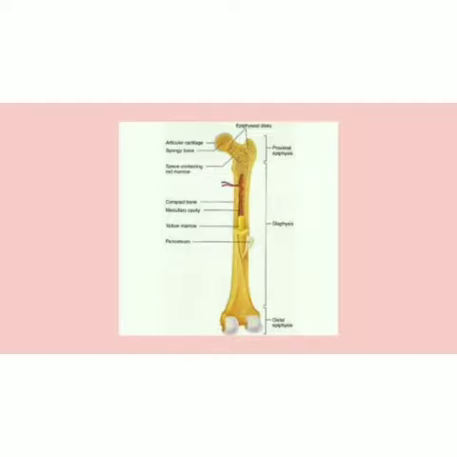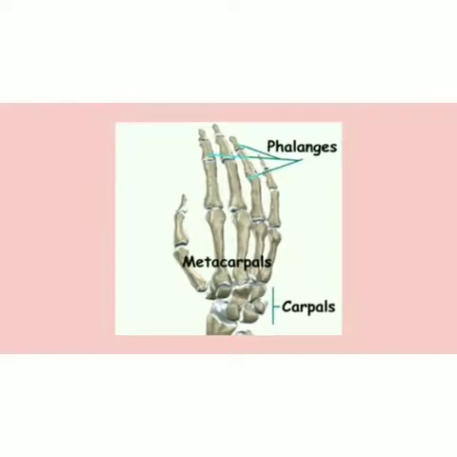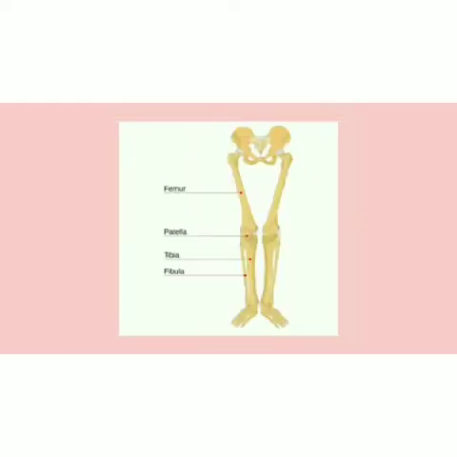The length of the vertebral column is around 70 centimeters. It protects the spinal cord. Skull protects the brain, ribs and the sternum together protect the heart and the lungs, and the vertebral column protects the spinal cord.